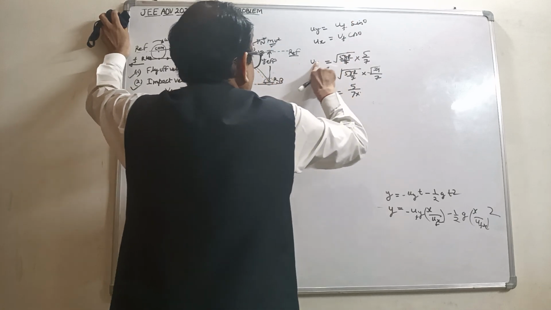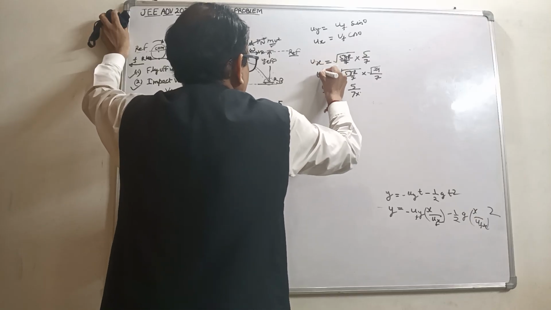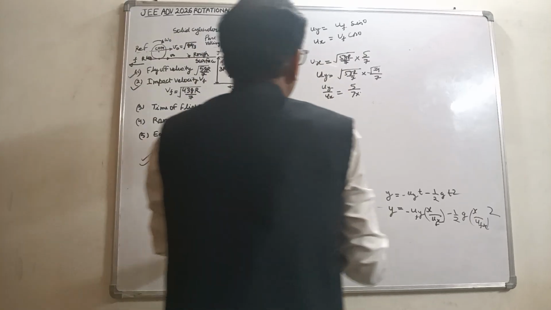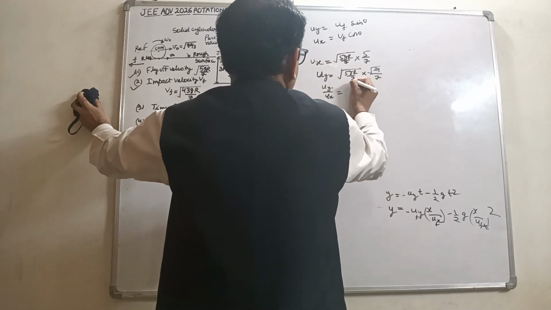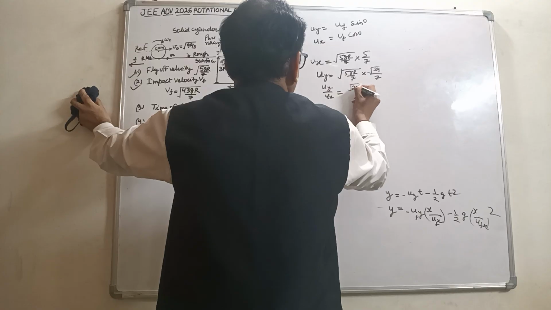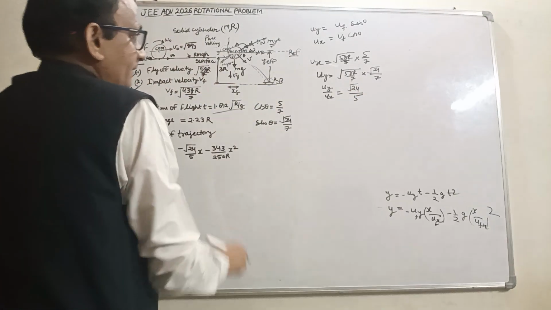So ux upon uy, this term cancels out, and this would be root 24 by 5. So this is root 24 by 5.